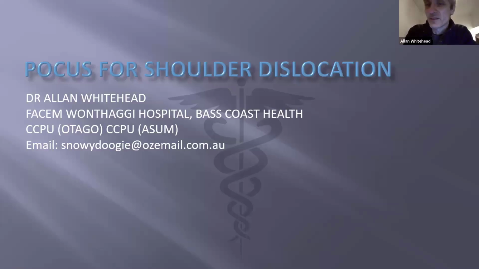I'll explain why it's procedural as well. Not only procedural in terms of you might want to give something for pain relief, to reduce the dislocated shoulder, but there's something that ultrasound facilitates, not just nerve block, but intra-articular block, which I'll get to, which scaffolds on really nicely with the diagnosis.